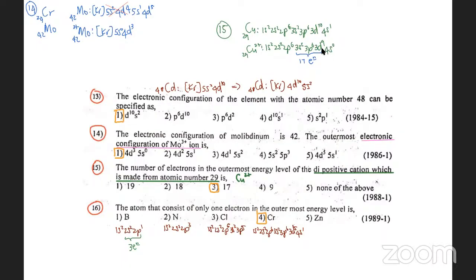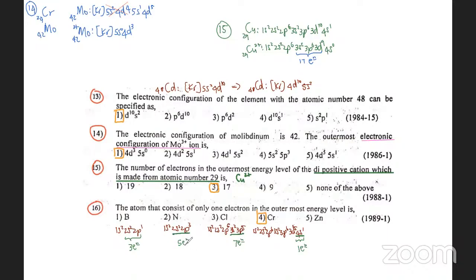But for copper, the first, second, third and fourth are all considered, because the fourth main energy level is occupied by electrons. So chromium has only one electron in the outermost energy level. Chlorine has 7 electrons, and nitrogen has 5 electrons.